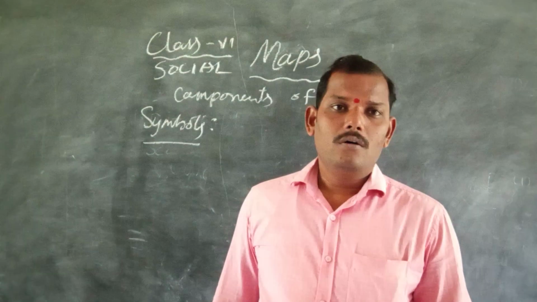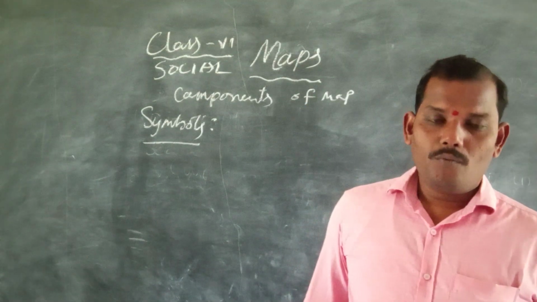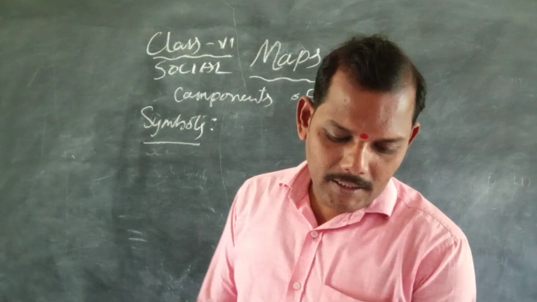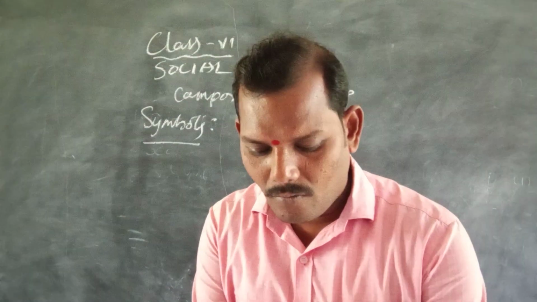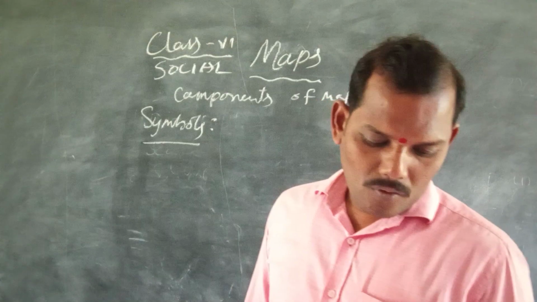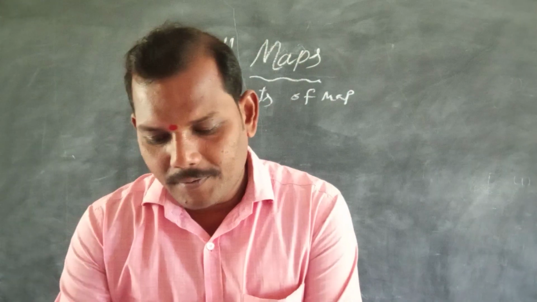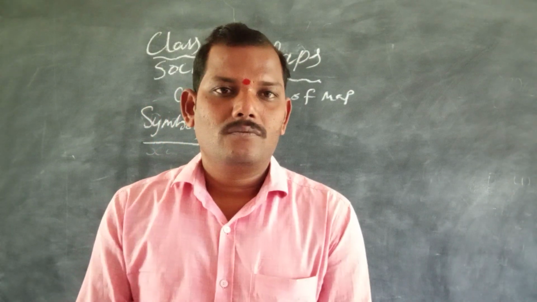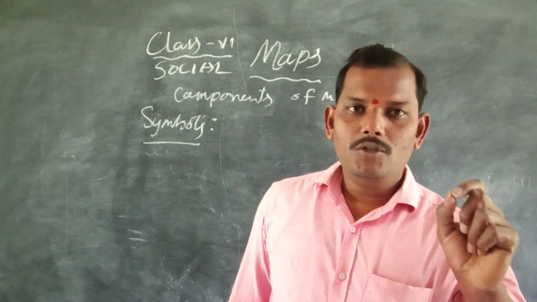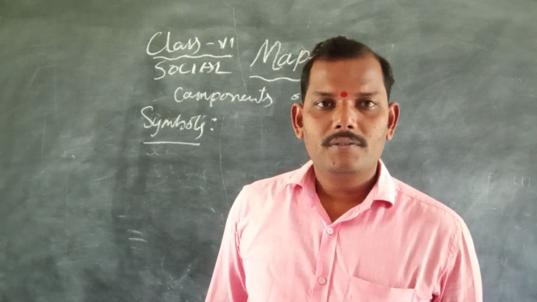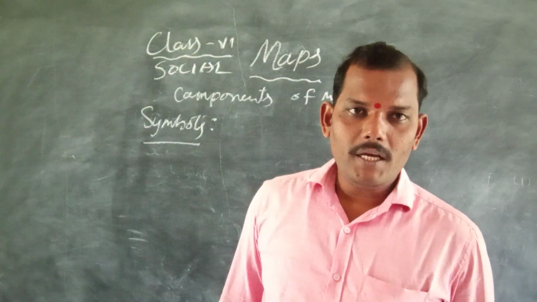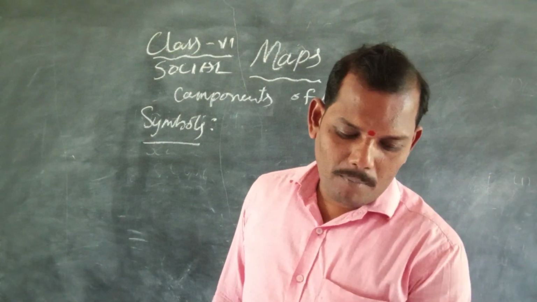So we use some particular letters or some shades or colors or pictures or lines. These are all used to show different features. Okay, these are the symbols.